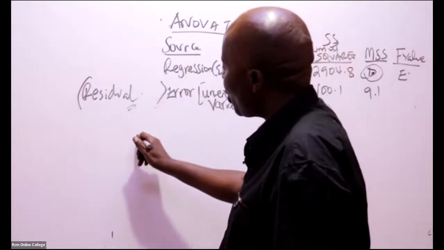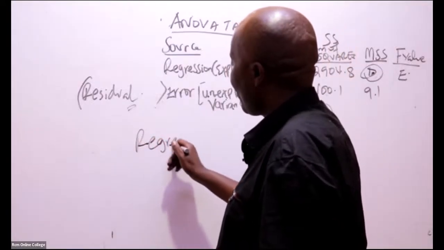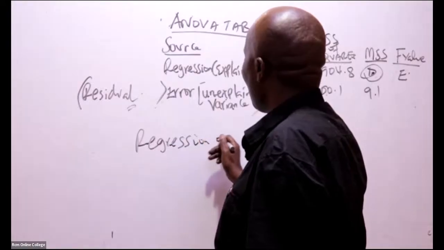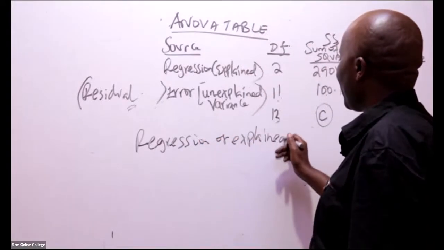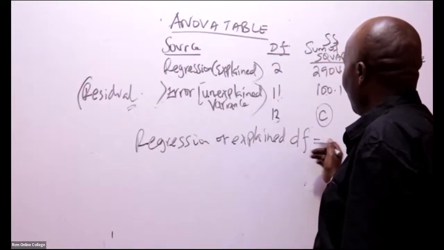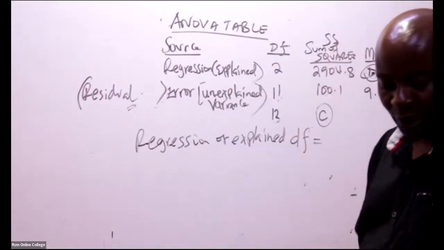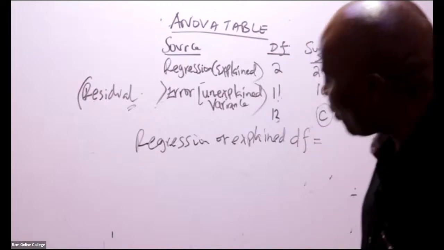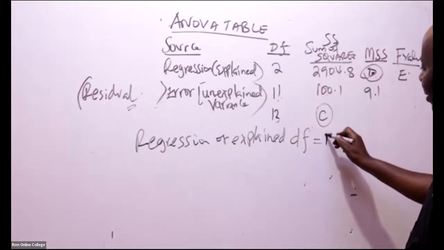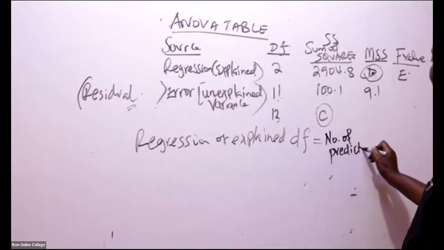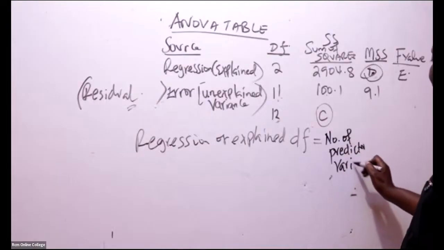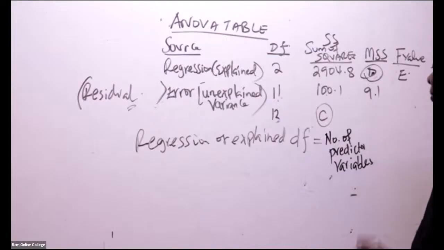To get regression, or explained, degrees of freedom, this will always be equal to the number of predictor variables.